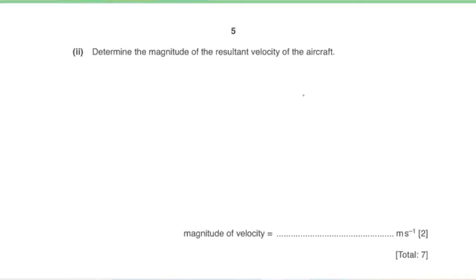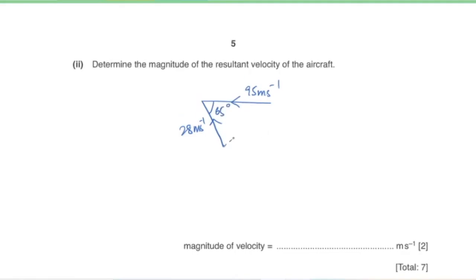Part 2, determine the magnitude of the resultant velocity of the aircraft. So this is the velocity with which this aircraft is traveling, which is 95 meters per second. The wind has a speed of 28 meters per second and is at 65 degrees south of east.